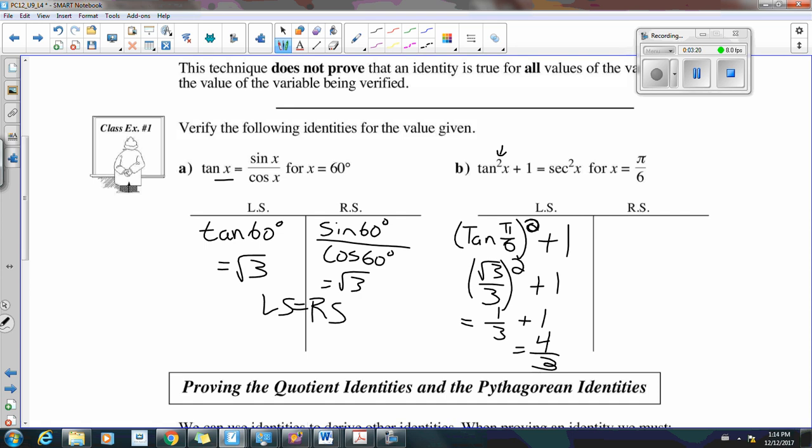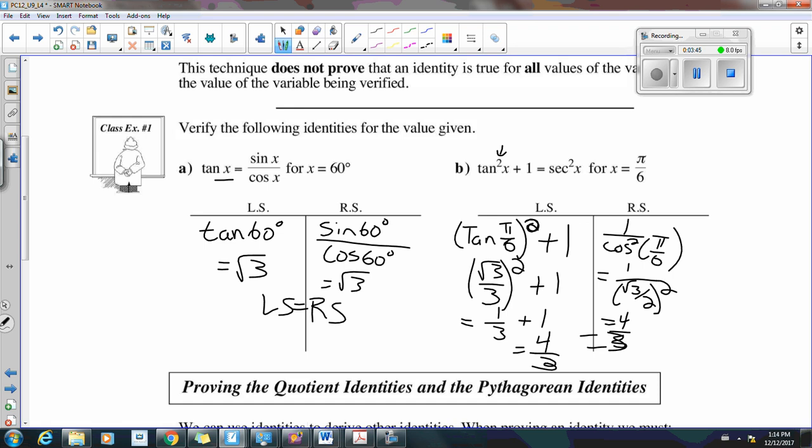What happens to the right-hand side? Remember, secant squared is 1 over cos squared. This gives us 1 over root 3 over 2, all squared, which does give us 4/3. So the right-hand side equals the left-hand side.